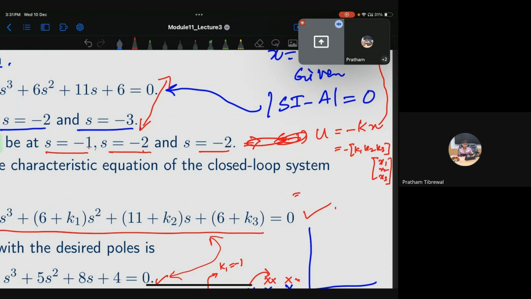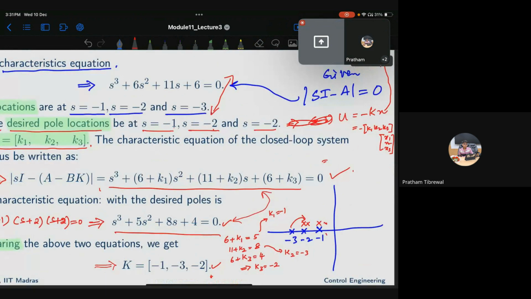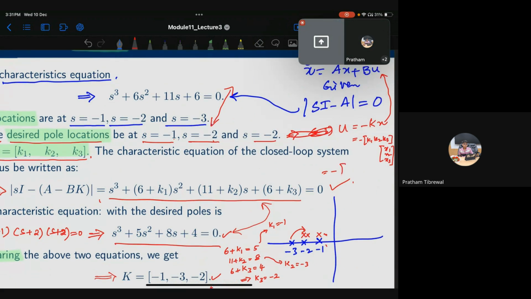So that is nothing but minus of minus 1, minus 3, minus 2 multiplied by x1, x2, x3. So what is the control law? It is x1 plus 3x2 plus 2x3. That is the control law.